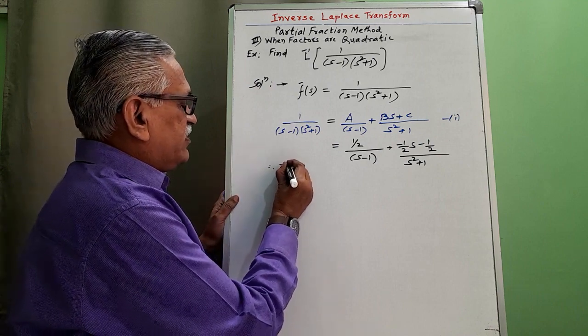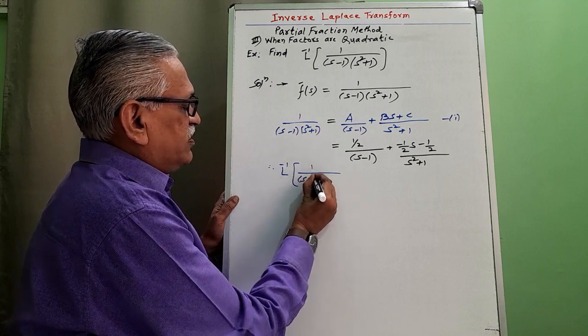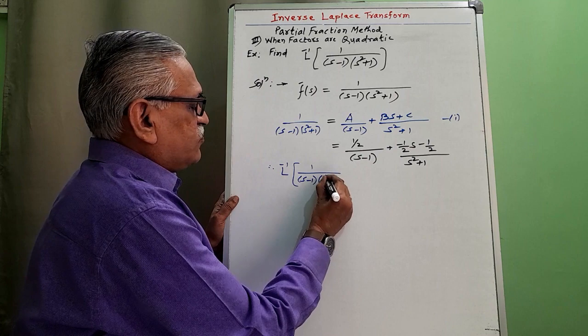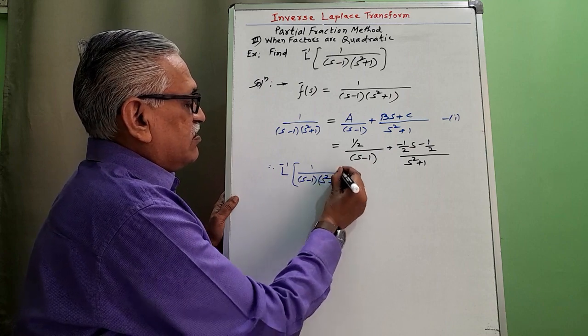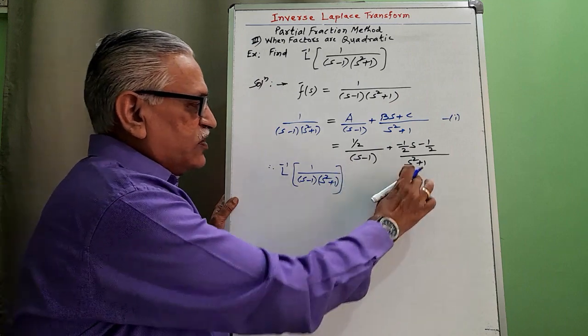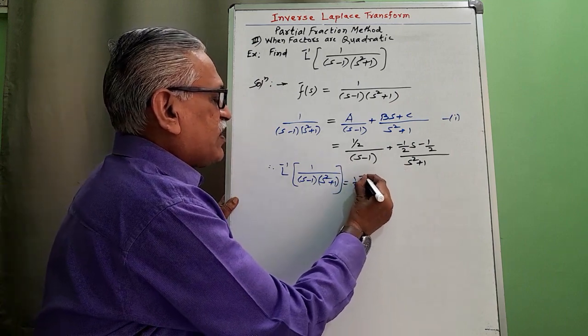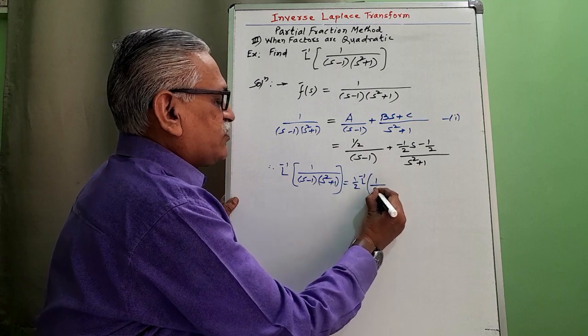the inverse of the left hand side as 1 upon (s minus 1) into (s square plus 1). Inverse of the right hand side terms individually, therefore 1 by 2 outside, inverse Laplace of 1 upon s minus 1.